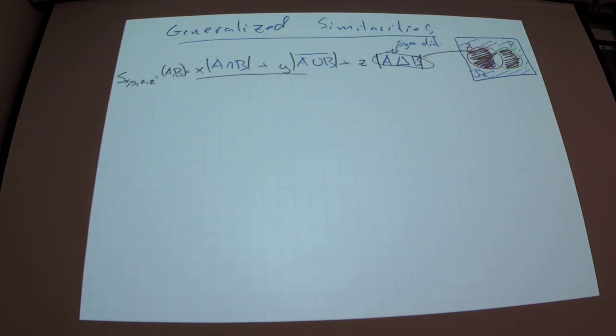And then I'm going to divide this by x times the cardinality of A intersection B plus y times the cardinality of the complement of A union B plus z prime, so that's a different parameter than z, times the cardinality of the symmetric difference of A and B.